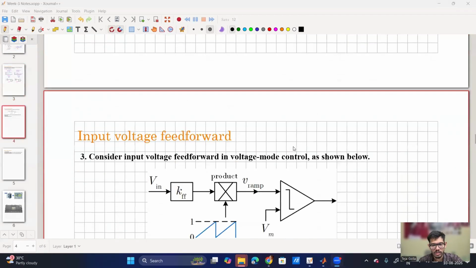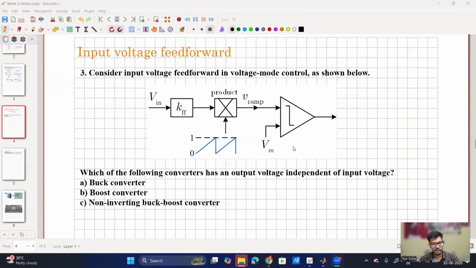No issues. Okay. So now coming to a different problem, which is input voltage feed forward. So what are we doing in input voltage feed forward? The ramp voltage that we generate usually is from 0 to 1.